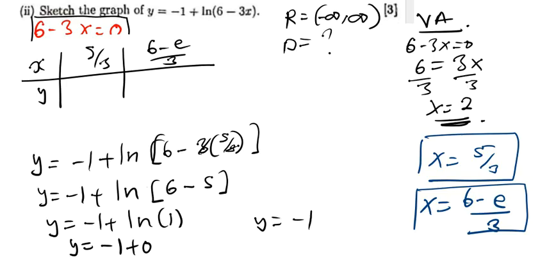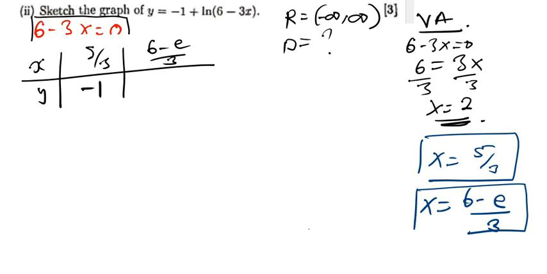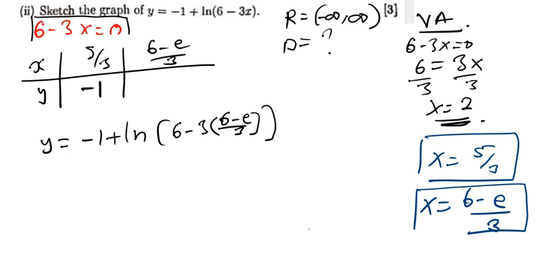So now we have our y equal to negative 1 here. Now let us also find the other one. y is equal to negative 1 plus natural log of 6 minus 3, where there is x we put 6 minus e divided by 3. So y will be equal to negative 1 plus natural log of 6 minus, the 3s cancel and I put it in brackets, then minus e.